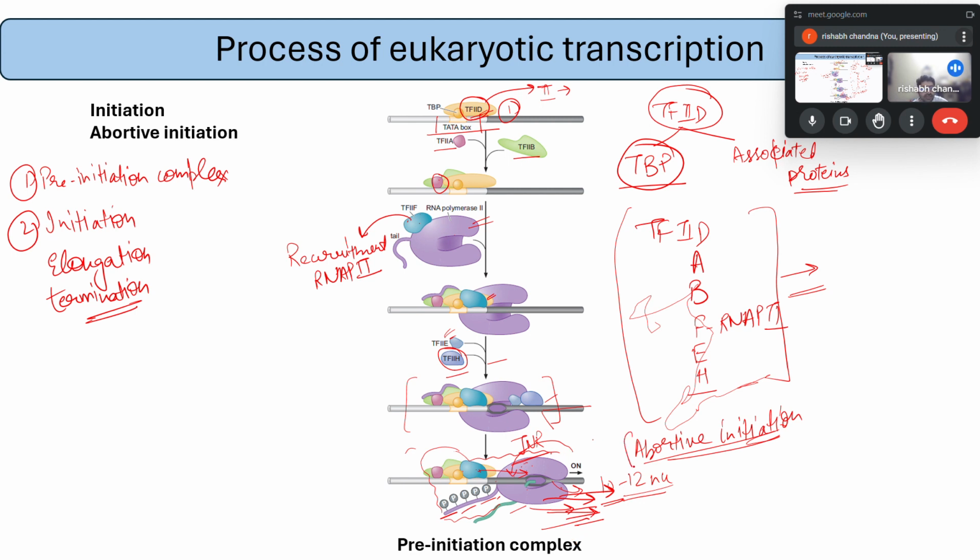Abortive initiation is the process where short RNA transcripts are left, because the RNA polymerase cannot stably fit on the DNA and complete the process of initiation. This is because the binding of the RNA polymerase with the transcription factors is so strong that RNA polymerase cannot leave them. Once the RNA polymerase leaves these transcription factors, this leads to proper and successful initiation followed by elongation. So this was abortive initiation.